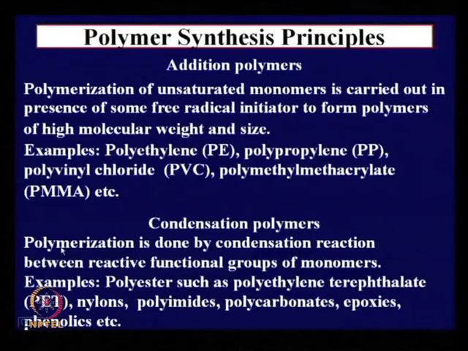Condensation polymerization is done by condensation reaction between reactive functional groups of monomers. Examples are polyesters, say polyethylene terephthalate, nylons, polyamides, polycarbonates, epoxies, phenolics, urea formaldehyde resin, melamine formaldehyde resins, that means aminoplasts, etc.